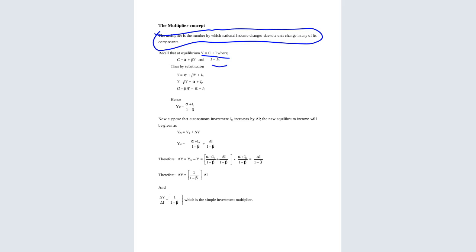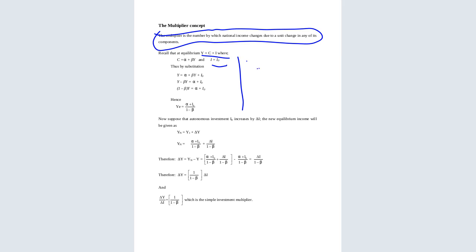So from here we can find the equilibrium national income. You know how to find it. You can rearrange the equation.